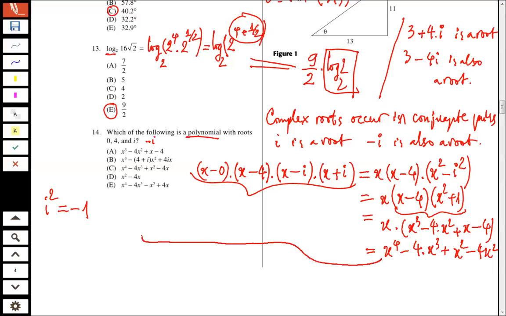We can see that there is option C. Let me check again. Option C is the final result.